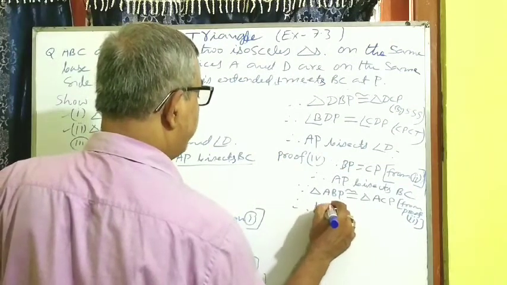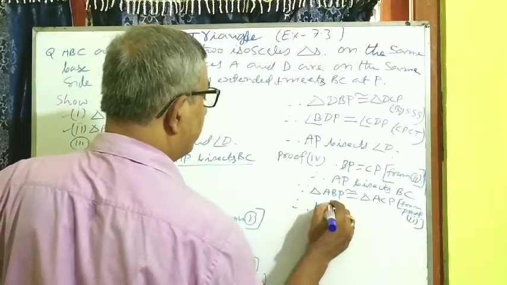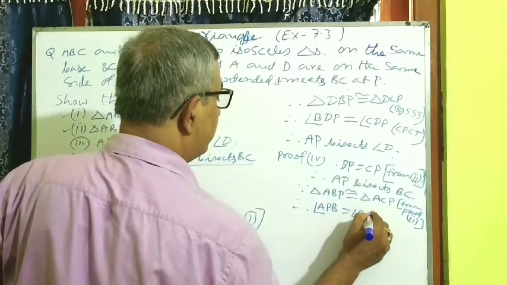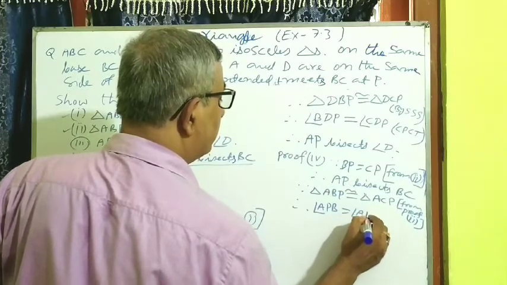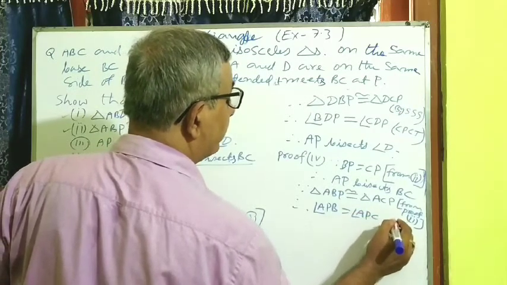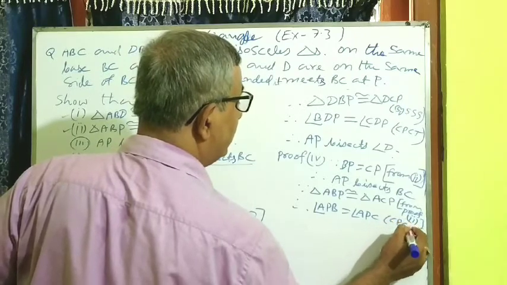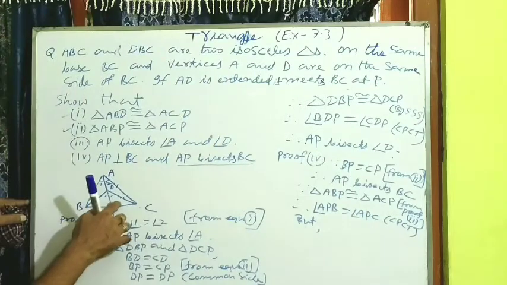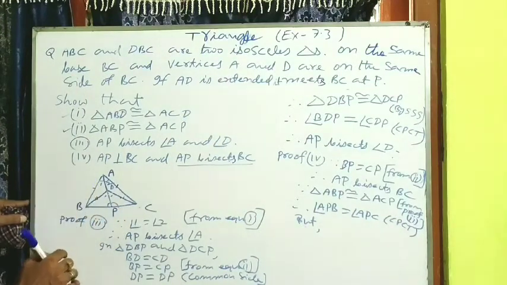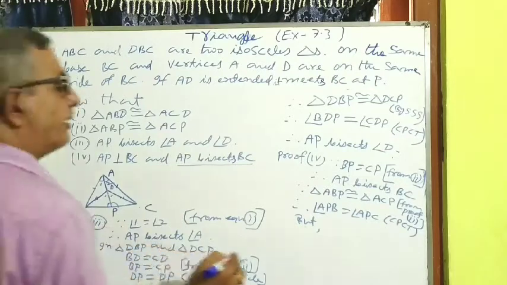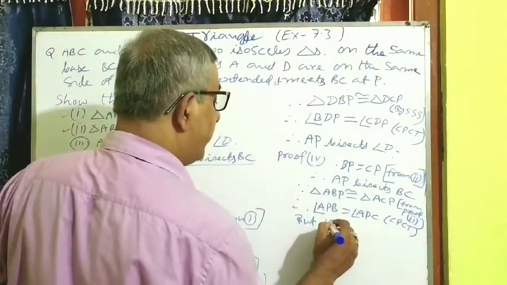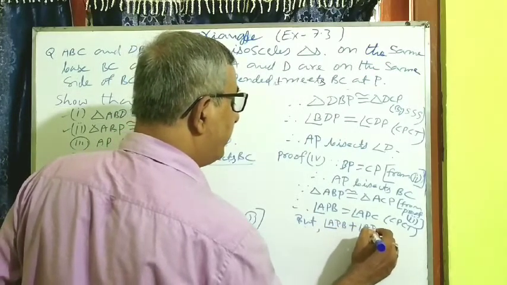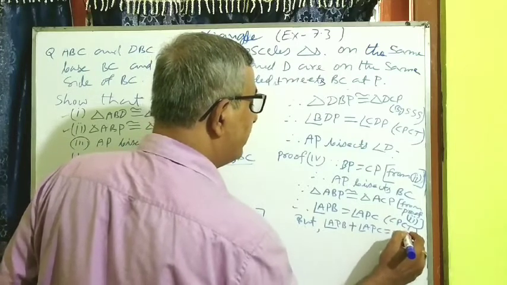Angle APB is equal to angle APC, by CPCT. But one thing you know, this angle is equal to this angle you got, but their addition should be what? 180 degrees, linear pair. But angle APB plus angle APC is equal to 180 degrees. Why is it so?